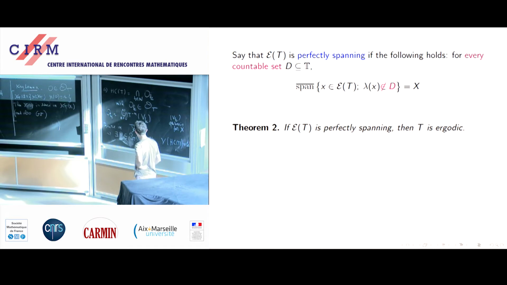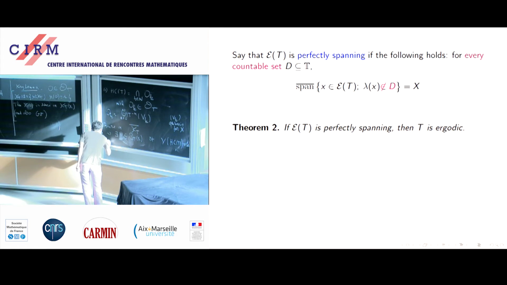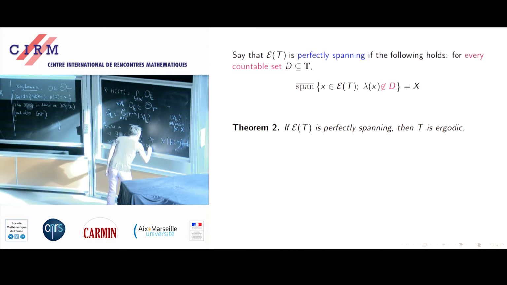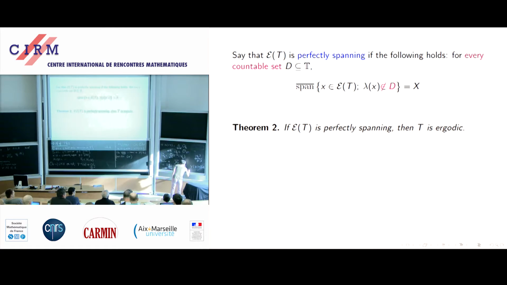And then you apply the ergodic decomposition as before, and this gives you that T is ergodic. Okay, so as written, it is trivial, but of course you have to prove this, which is the technical part. So how do you prove this?